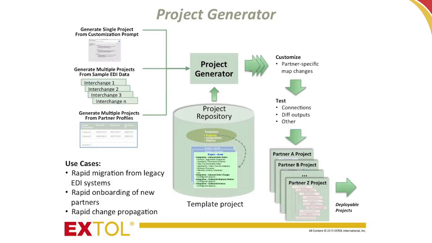If we have a reusable project that we can use, you could be ready to test with your base map within minutes. You could have all of those objects sitting there waiting, ready to go. Again, that doesn't mean that you have the partner-specific mapping changes done, but you're that much further along the way, and you can start your testing effort.